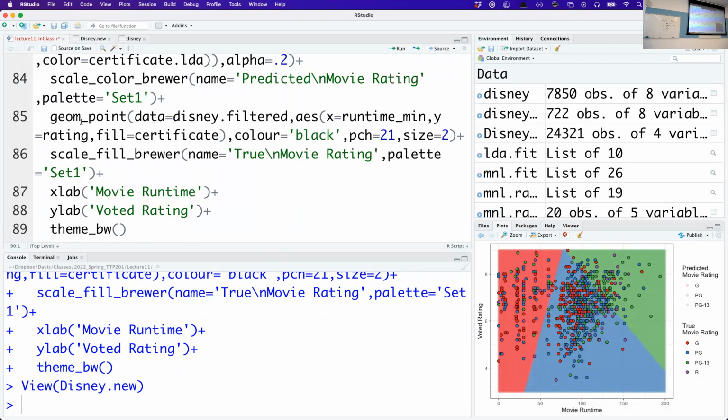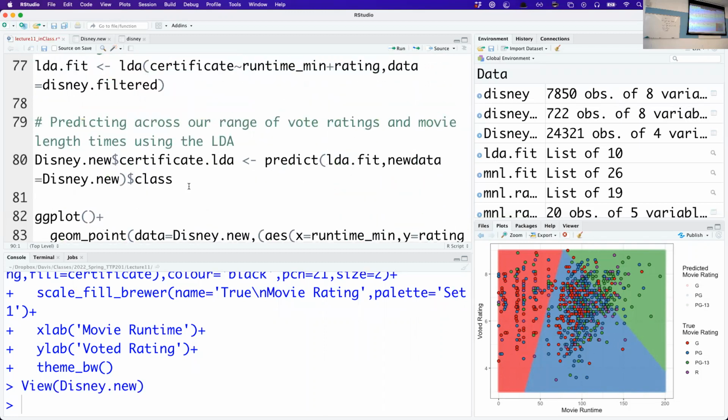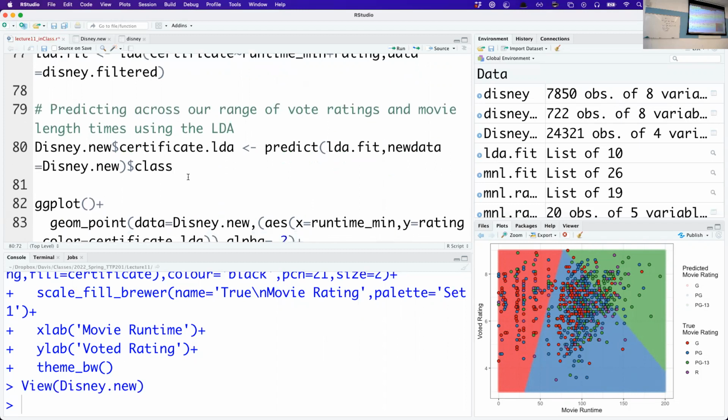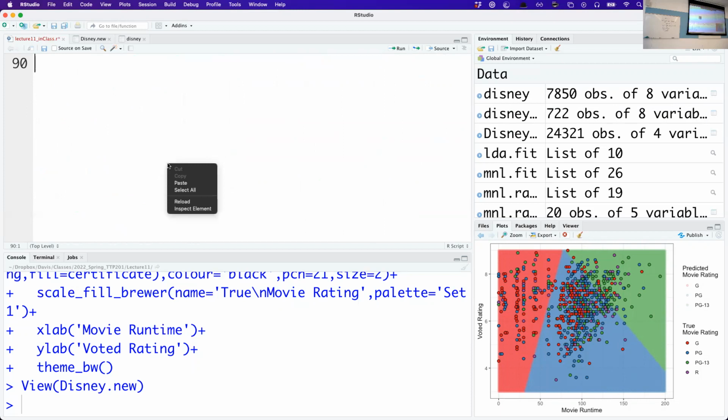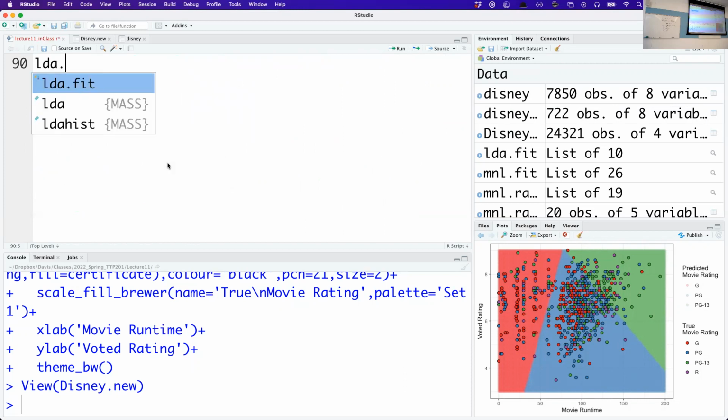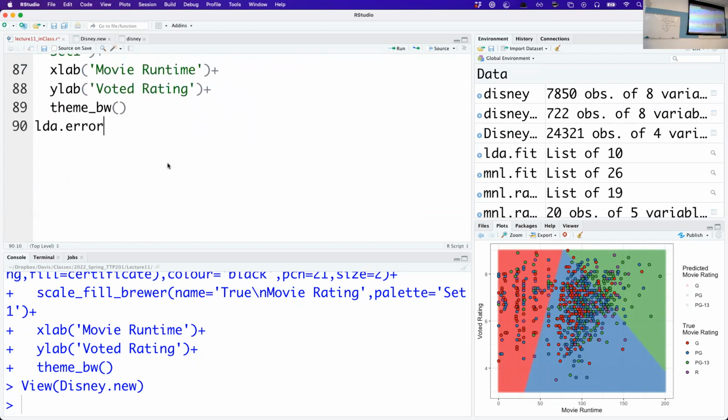The way that you would calculate the error rate is that you would run this predict function against the original data. So let's do that. LDA.error. Predict.